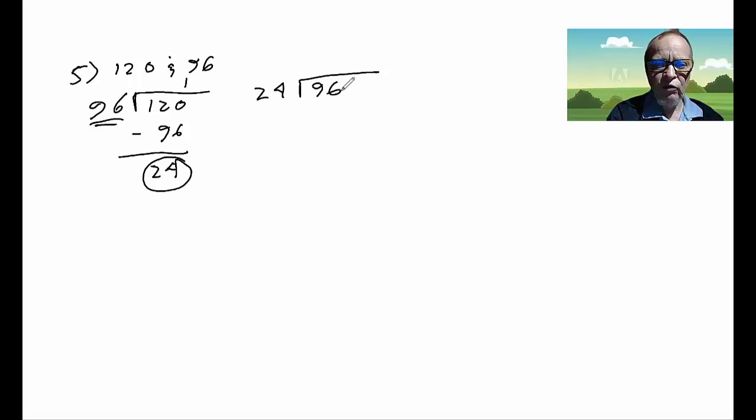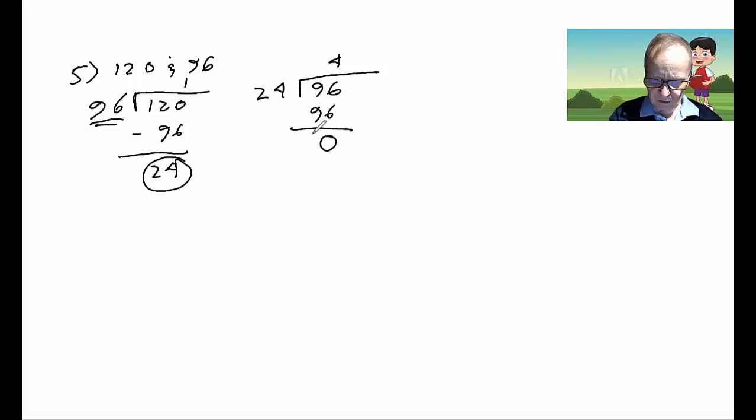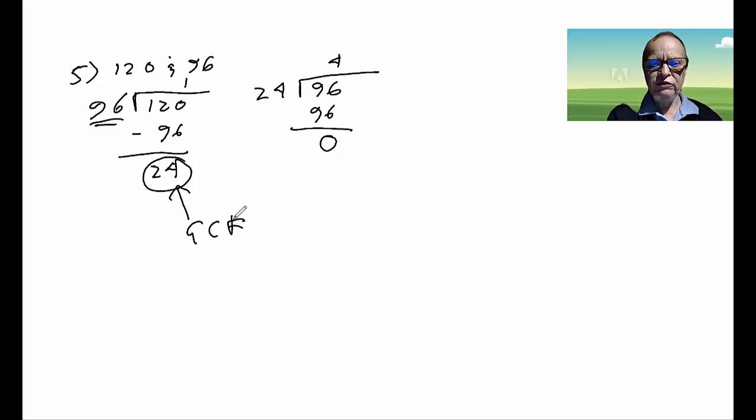And it turns out 24 goes into 96 4 times, and that gives us 96 with a remainder of 0. The last positive remainder here is 24, and that is the greatest common factor using the Euclidean algorithm.